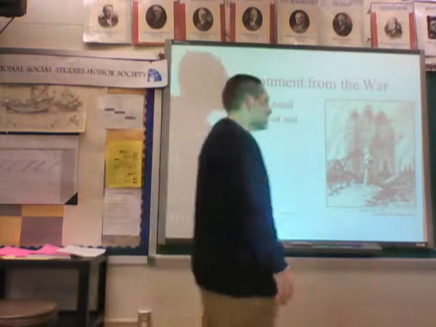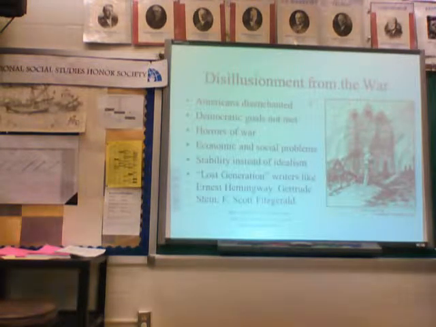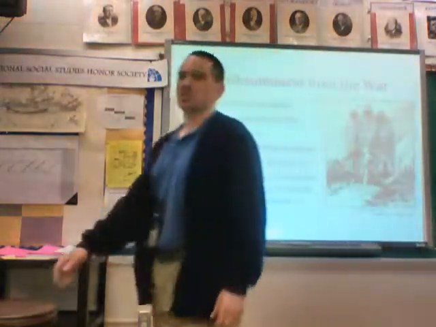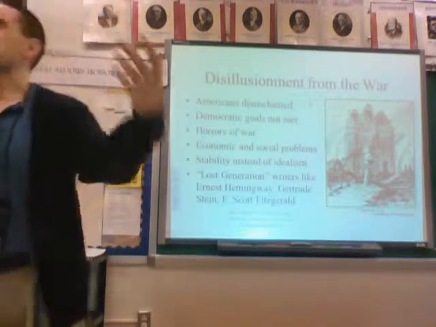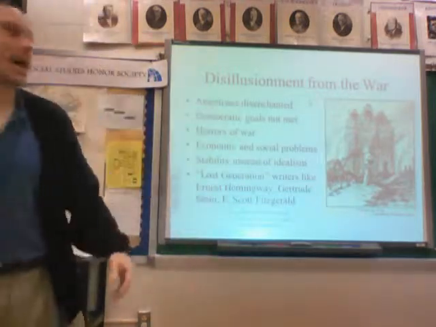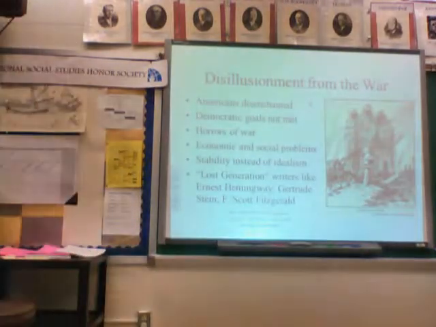Americans come out of the war disenchanted. A lot of the goals that Wilson had laid out were not met. You've got economic instability, social instability, race wars, fear of immigrants, fear of communists. The war itself had been horrific.